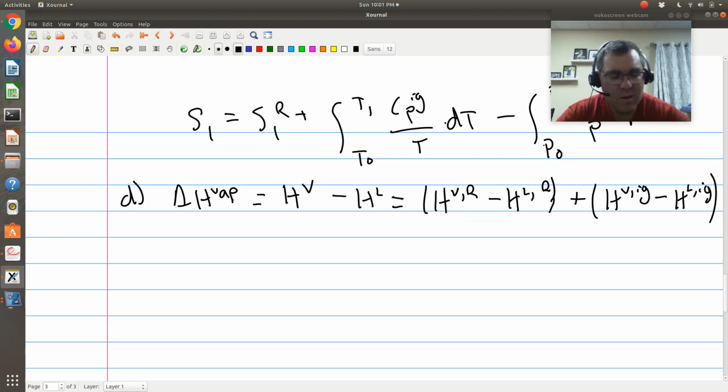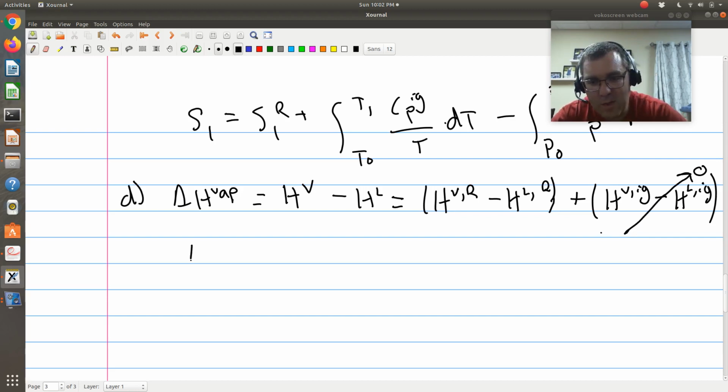Okay, so the key is if I have two phases in coexistence, they're going to be at the same temperature and pressure. Well, the enthalpy of an ideal gas is only a function of temperature. So if I have two phases at coexistence, the ideal gas contribution of their enthalpy is going to be exactly the same. This term will be 0 because these two enthalpies will be exactly the same.